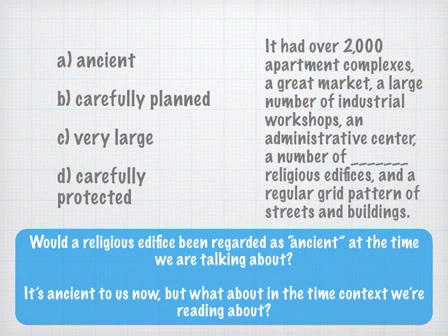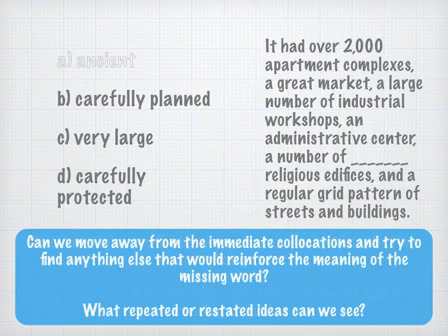If we think of it in that kind of way, then we can pretty much remove A, because we don't really think that people living in that time would actually regard something that they use for religious purposes every day to be ancient. It becomes ancient after a period of time, so we can get rid of A.